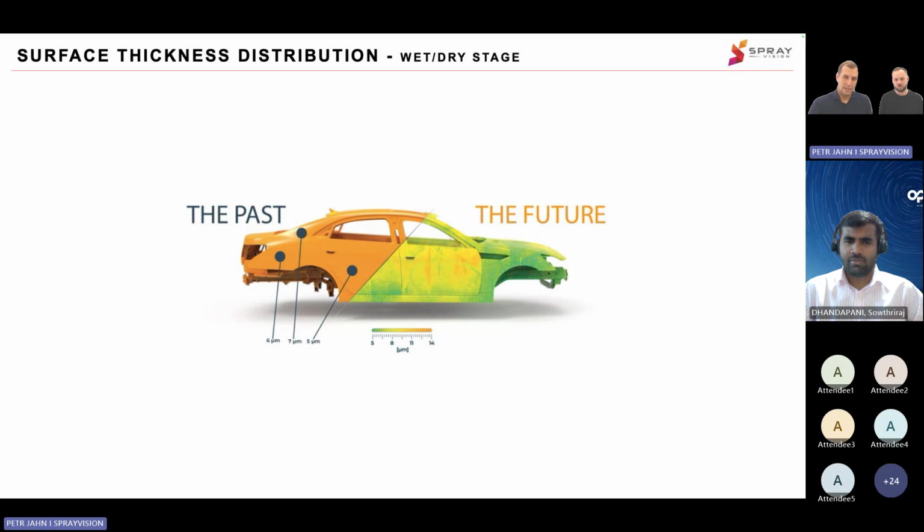With the spray capture, you are able to have the surface thickness measurement, which gives a completely better understanding of what is happening on the substrate, how the trajectories and patterns are connected together, if there are some areas where paint is missing, or on the other hand, where there is an accumulation of paint. And either way, you also have the tool which can help you fix it, make it more uniform, and improve the quality of the produced parts.